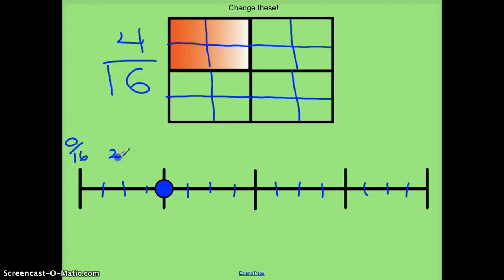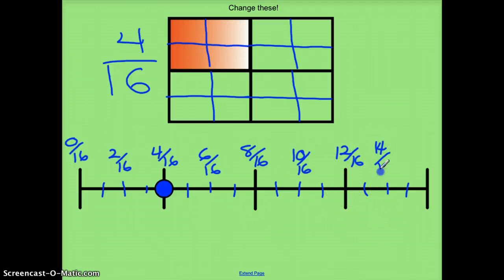Maybe we'll do every 2. 2/16, 4/16, 6/16, 8, 10, 12, 14, and 16/16, or 1 whole. Make sure to take notice of the fact that we have 4/16 shaded and 4/16 on our number line. They both started out as 1/4, but we've created equivalent fractions of 4/16.